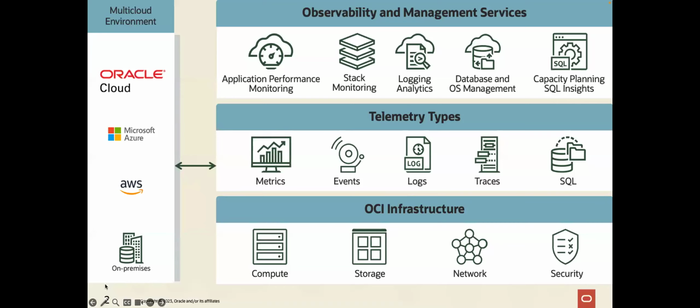Oracle's Observability and Management Service is a cloud-native platform that brings together all the telemetry, traces, metrics, and logs for monitoring and analysis. Our solution consists of integrated services that can monitor your resources across a hybrid and multi-cloud environment. In this session, we're going to focus primarily on OCI Stack Monitoring.